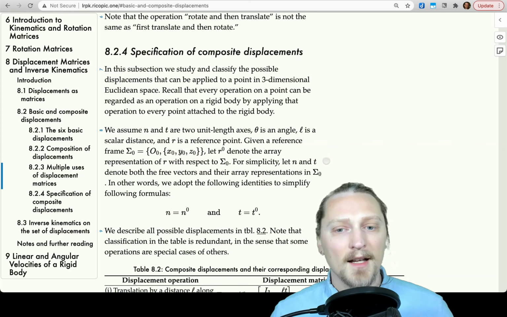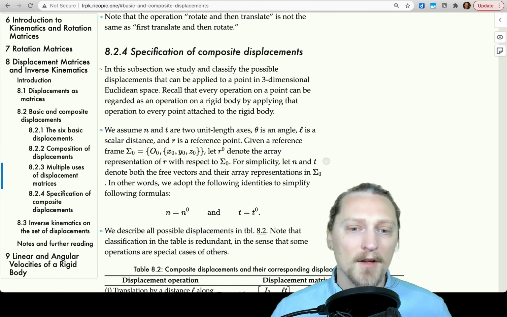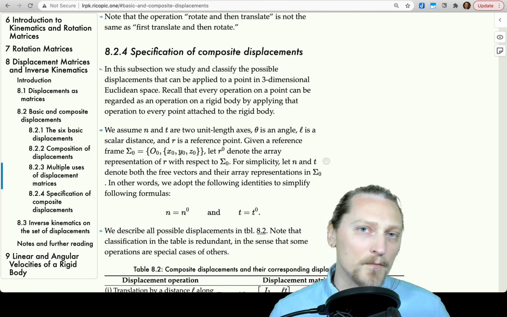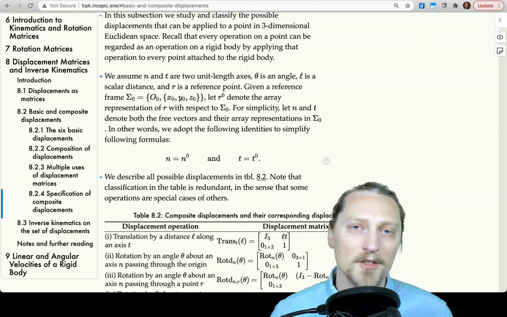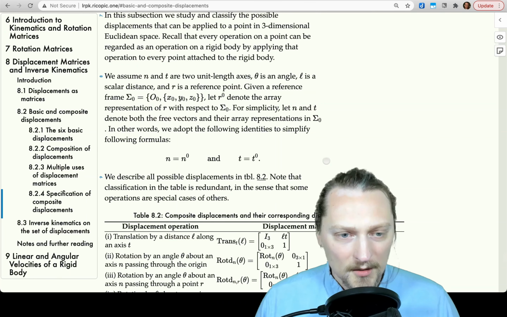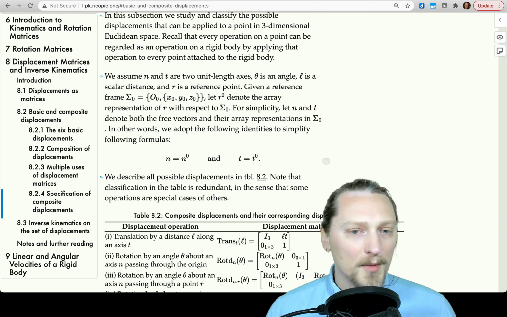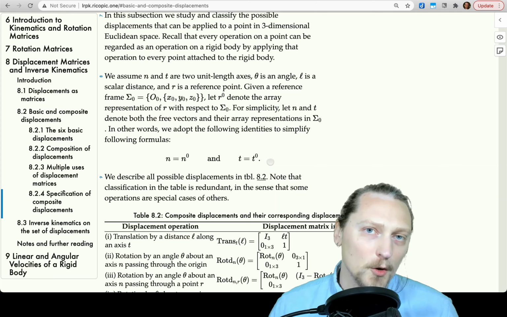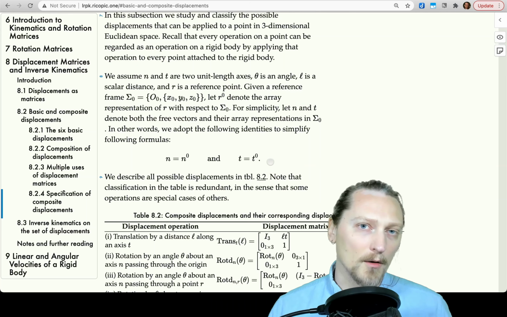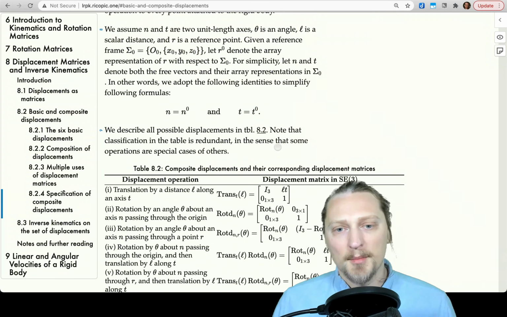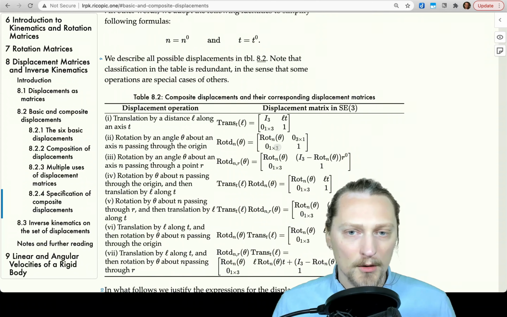For simplicity, let N and T denote both the free vectors and their array representations in sigma 0, just so that we don't have to write a bunch of extra notation. In other words, we adopt the following identities to simplify the following formulas. So we're just going to assume that it's always going to be written in the 0 reference frame. We describe all possible displacements in table 8.2.